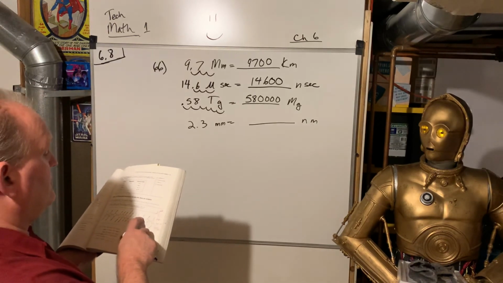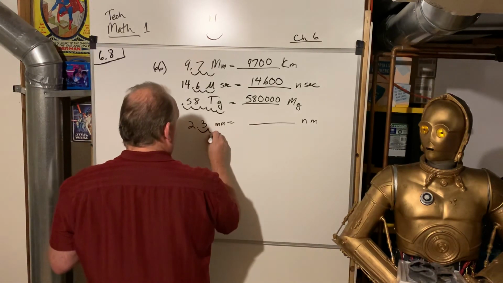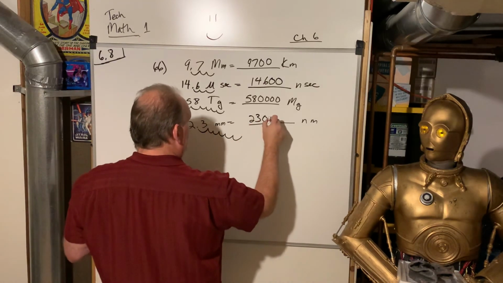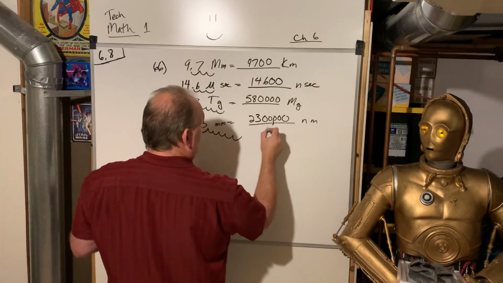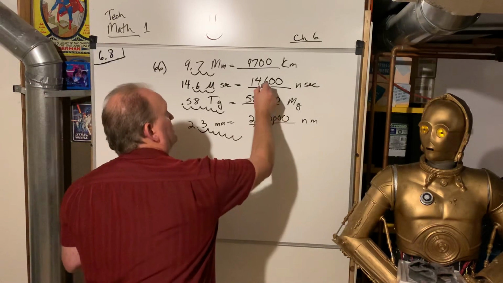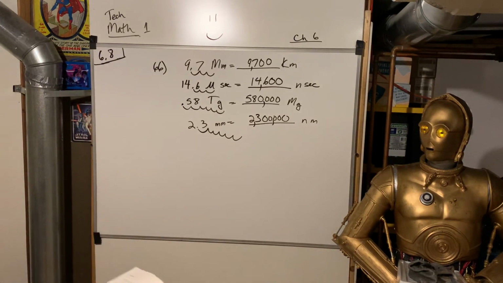So that's 1, 2, 3, 4, 5, 6 places to the right again. That is going to be a 2, a 3, and then 5 zeros added on. Whew. 2,300,000. That's 580,000, 14,600, 9,700. All right. So 2.3 million nanometers. All right, awesome. So that is 6-8 in a nutshell.